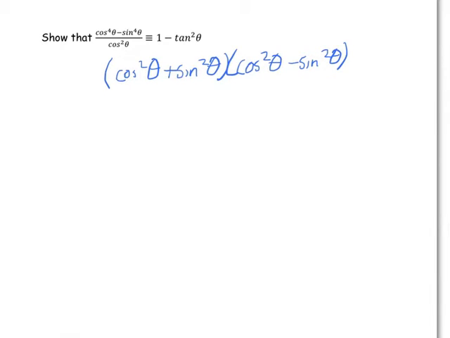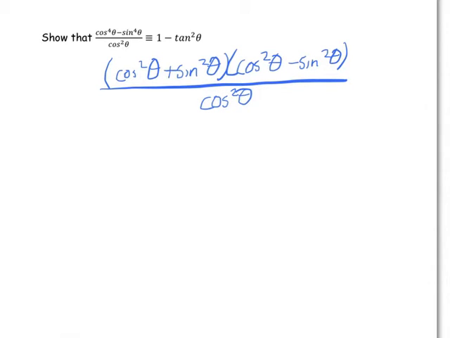So the top is the same as the bracket cos squared theta plus sine squared theta, times the bracket cos squared theta minus sine squared theta, all divided by cos squared theta.